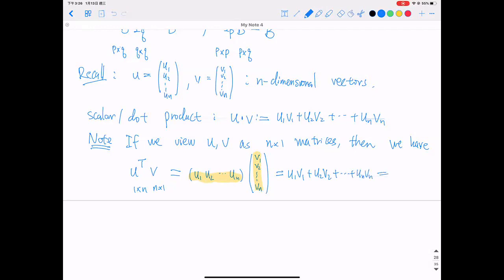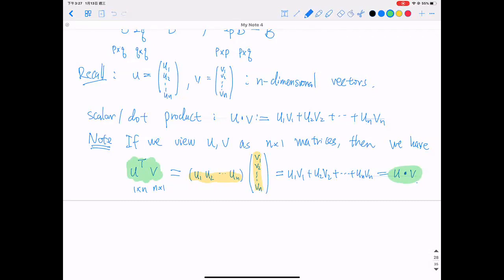And this is, as we've seen already, what u dot v is. So in other words, u dot v, the scalar product or the dot product, can be interpreted as a matrix multiplication, u transpose times v.